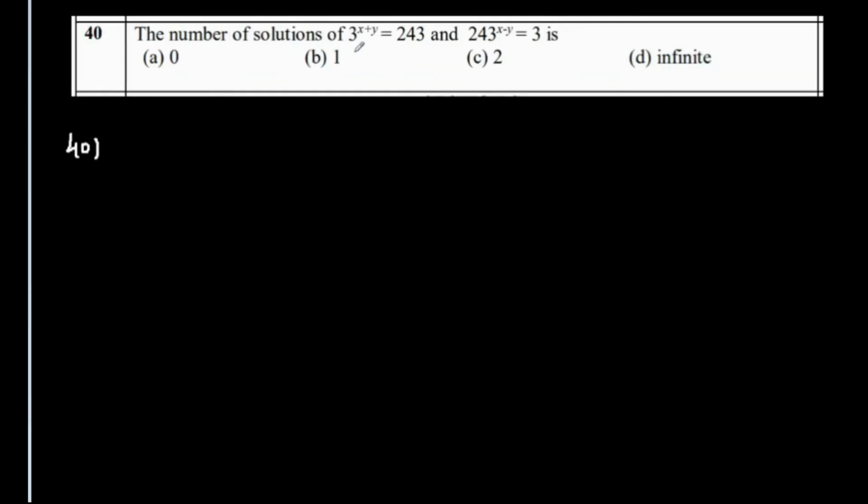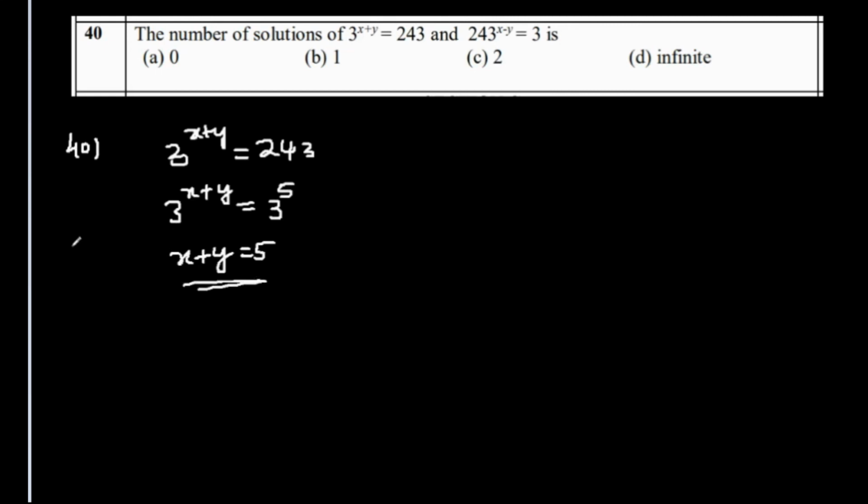48th question. The number of solutions of 3 power of x plus y is equal to 243 and 243 power x minus y is equal to 3 is. So 3 power of x plus y is equal to 243. There are two conditions. I am taking the first condition: 3 power of x plus y is equal to 3 power of 5. As the bases are the same, we have to equate the powers. So x plus y is equal to 5.